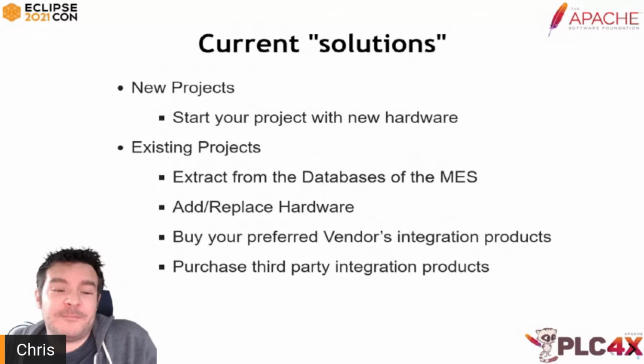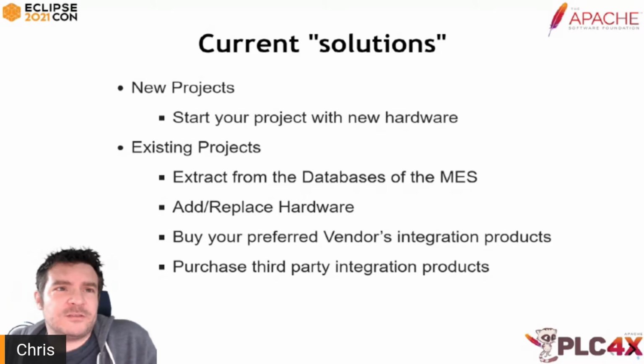Most of the time there's some SCADA system or some MES system sitting somewhere, and that's got a database. Usually it's an SQL server or an Oracle database, and people just start picking data out of that directly. Another thing the industry really likes is for us to tear out the old hardware and replace it with new.